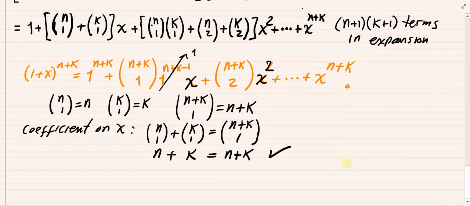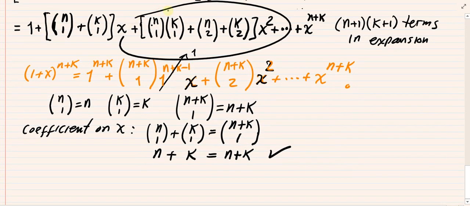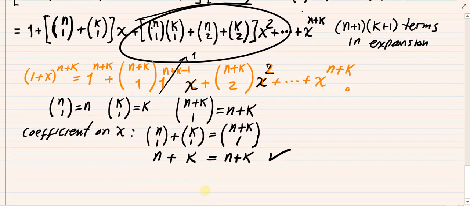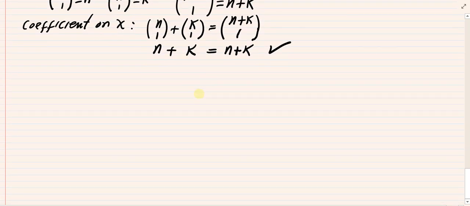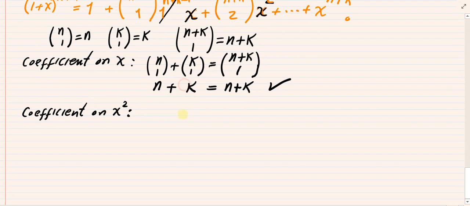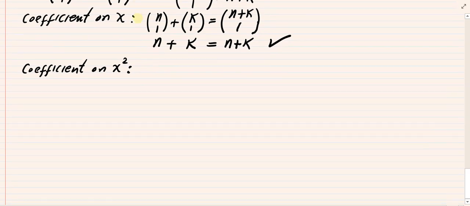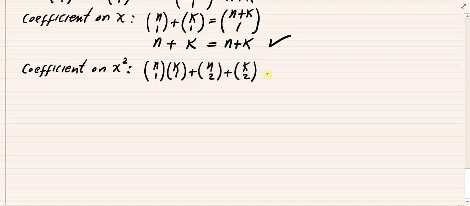And then let's do this. Let's equate the coefficient on x squared. Let me write that: n choose 2 plus n choose 1 times k choose 1 plus k choose 2. So the coefficient on x squared from the first expansion is going to be n choose 2 plus n choose 1 times k choose 1 plus k choose 2, right?